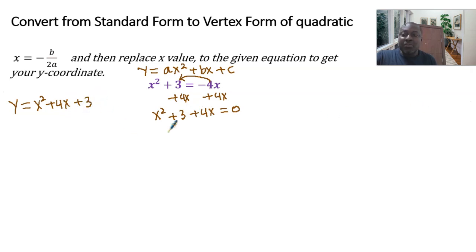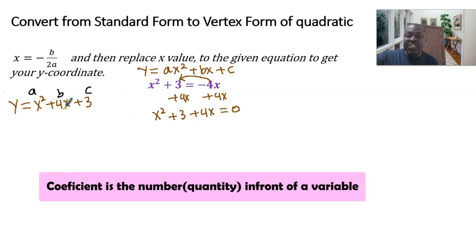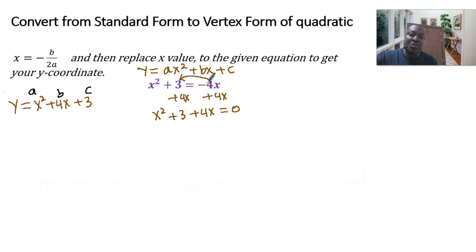If it's in this form, we can find our A, B, C. But as you get more understanding, you could see that the coefficient, a number standing in front of a variable, of the x is always the b. You might say it's -4, but you have to come to this side, so it's +4. So you don't need to do all these steps. But for the understanding's sake, that's the reason why I did this step.